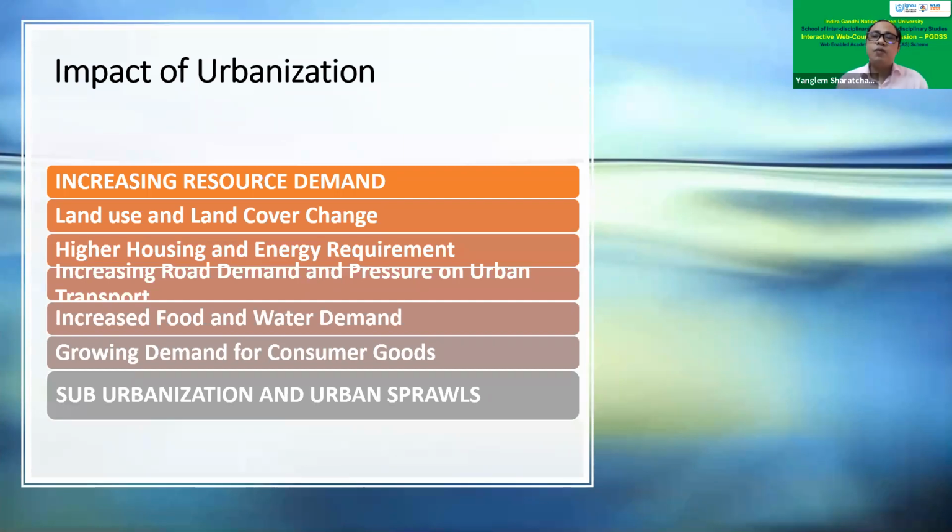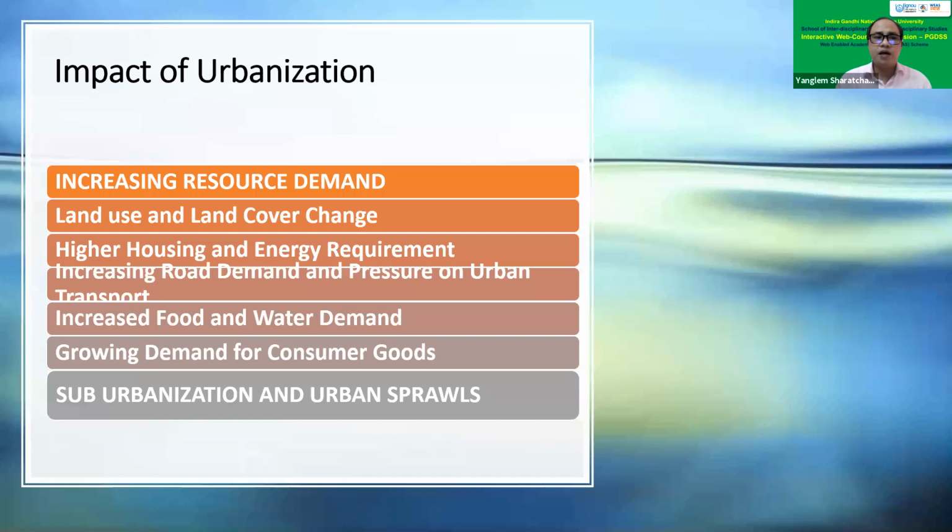Then they try to move out to the semi-urban area. We call it suburbanization or urban sprawl. For example, what is happening in Delhi? Delhi used to be a small area. Now we are expanding the region of Delhi to other places like Gurgaon, which was an urban sprawl, and now extending up to Sonipat and Noida. So this is the impact of urbanization.